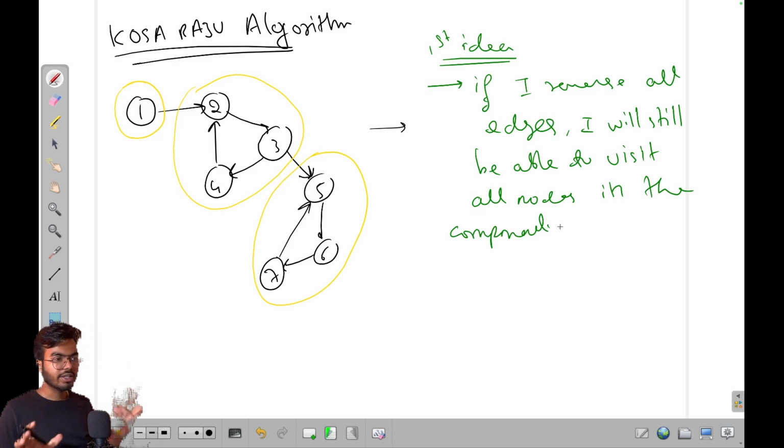So that is the first idea: if you reverse all the edges, you will still be able to visit all the nodes.